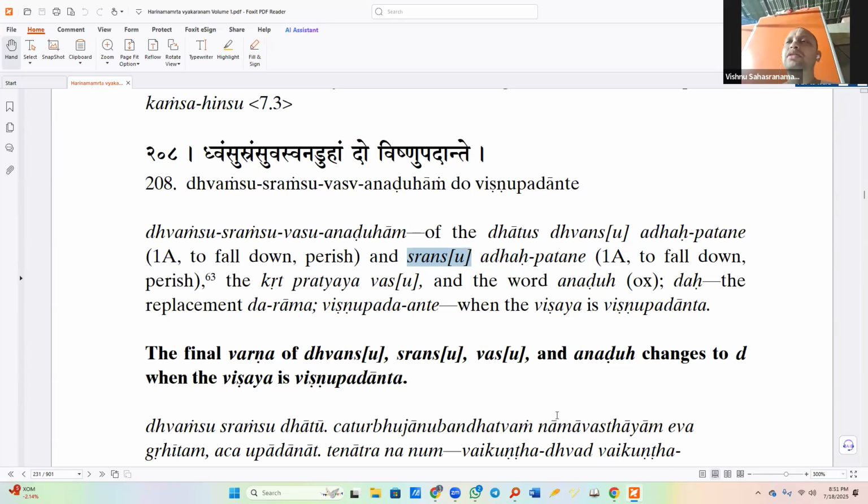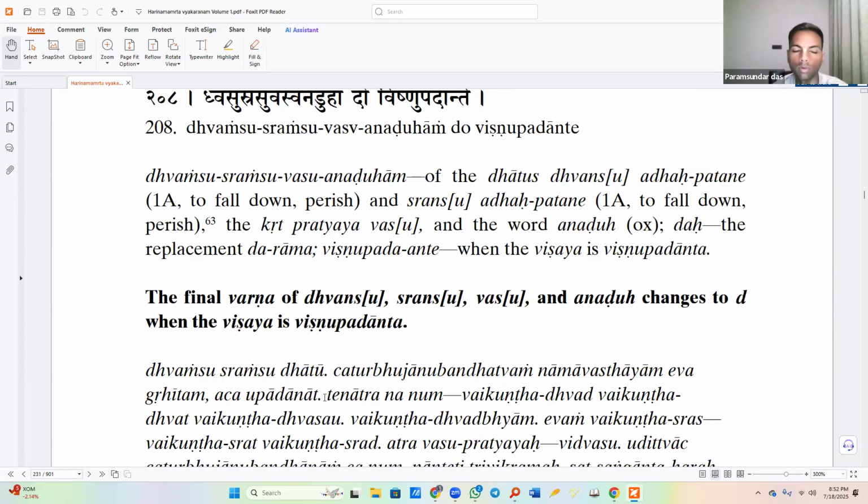Sramsrate hastat. Gandivam srangsate hastat. So srangsate comes from this root. That's a verbal form, which means to fall down. See the usage. And dvangsa, we know this word. Vidvangsa. Dvangsa, annihilation. So these are words. So the final letter changes when it is Vishnu Padanta.